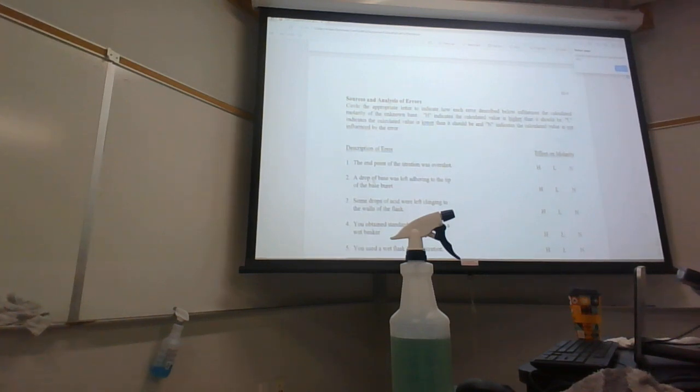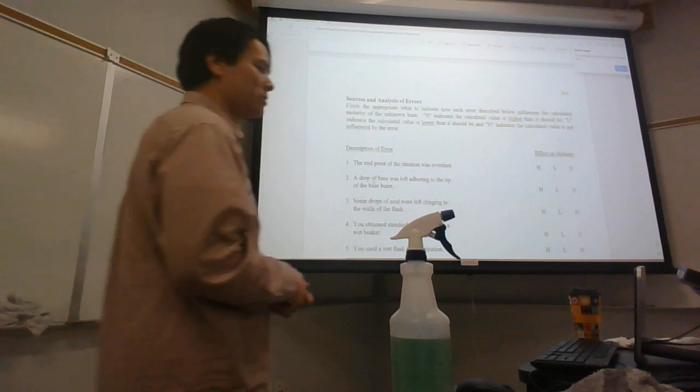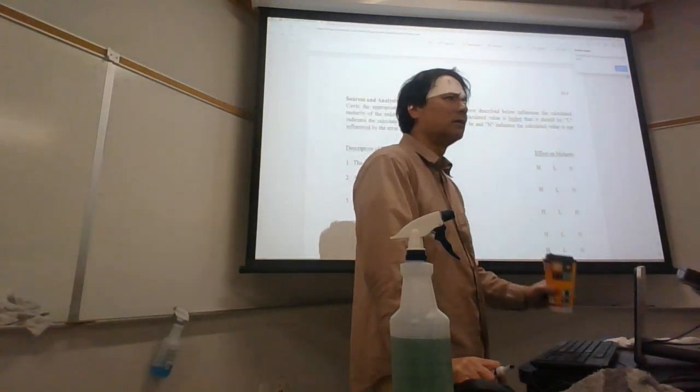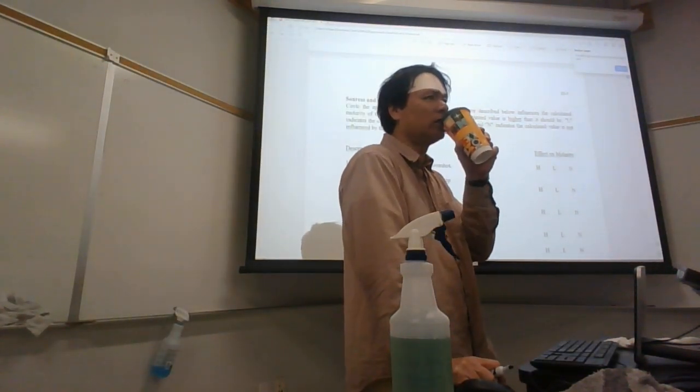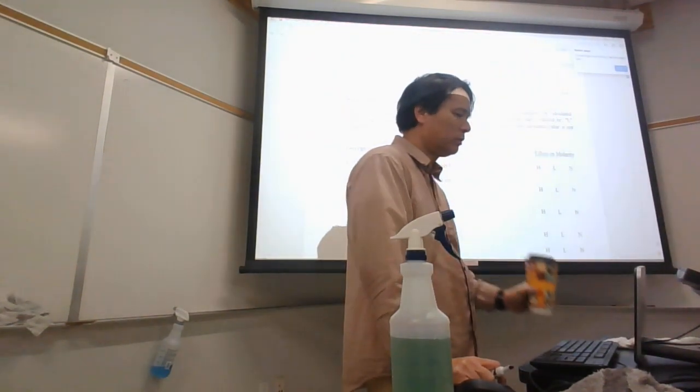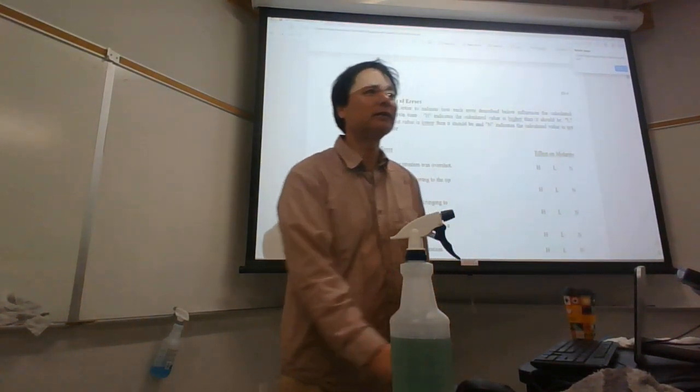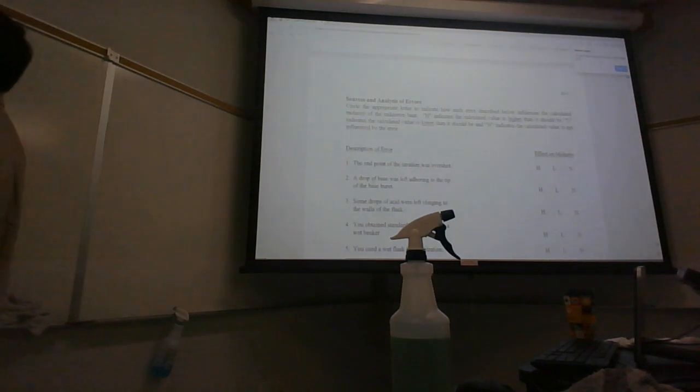Then we converted this to liters, and then to moles using the concentration of the standard solution, which I forgot. Somebody remember it or have it? 0.1050 moles of HCl, was that it? 1050? Yeah. Okay.